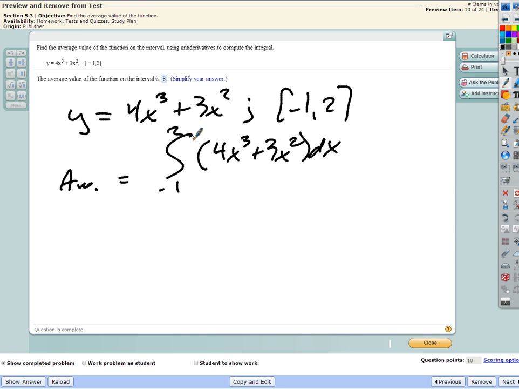You recognize that's just the area under the curve. You take the antiderivative of that function and then put it in there, right? Divided by what? Divided by 2 minus -1, so divided by 3.